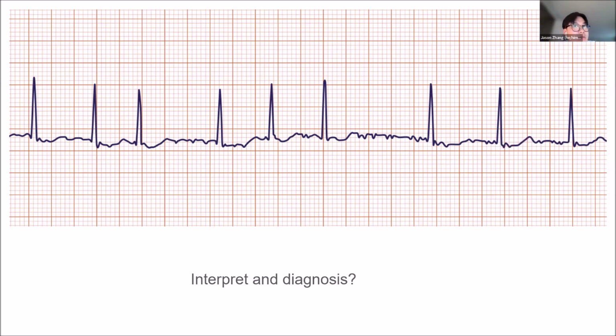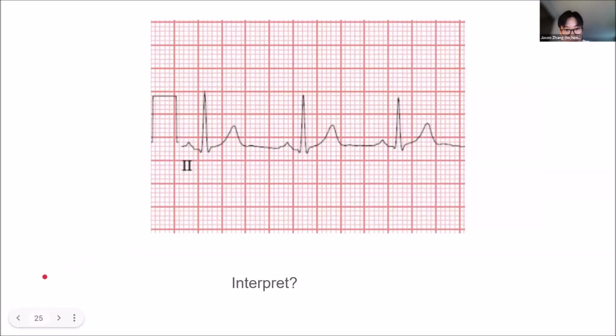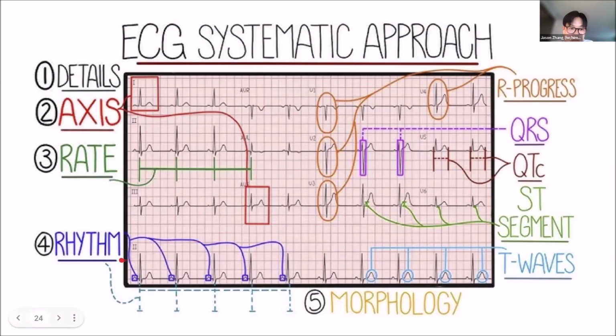It's not constant. So what you would do in this case, if you have the whole strip, usually on the bottom in lead 2, you have a full strip. I believe this is 10 seconds. So you can count the number of QRSs in the rhythm strip and multiply that by 6.